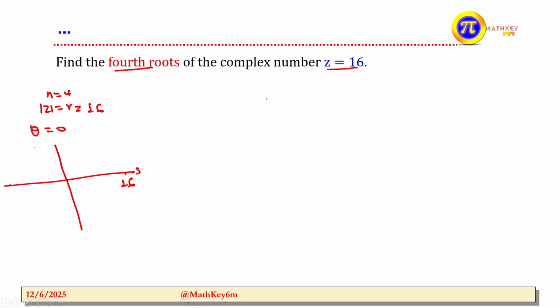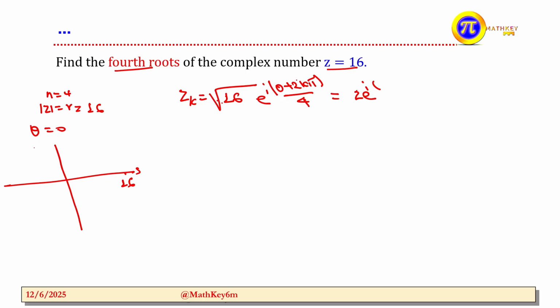After obtaining this, we can express the roots using the formula: the fourth root of our modulus 16, times e to the power of i times (0 plus 2kπ) over 4, since our n is 4, which equals 2 times e to the power of i times (0 plus 2kπ) over 4.